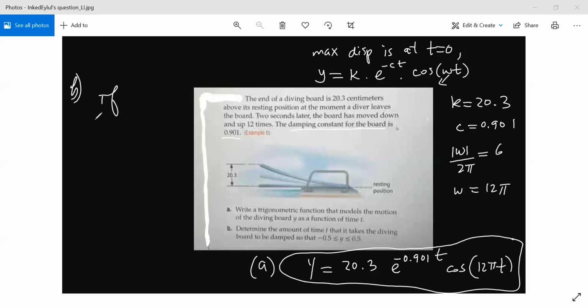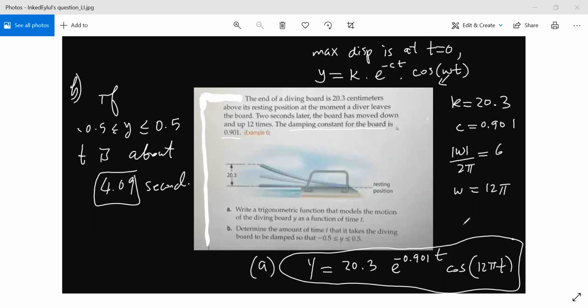If y is between 0.5 and 5, then t is about 0.09 seconds.